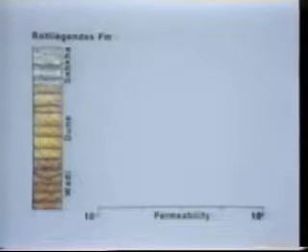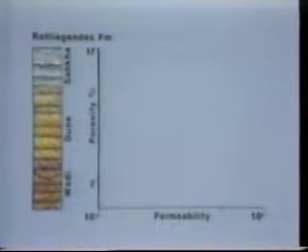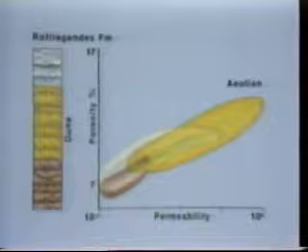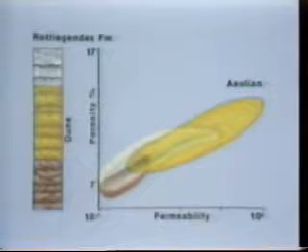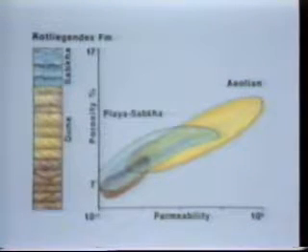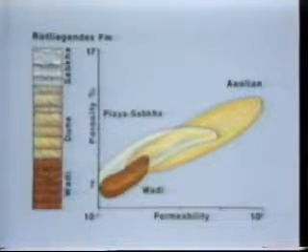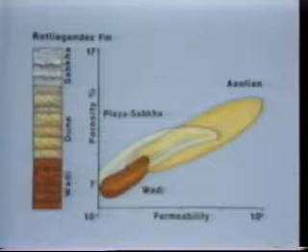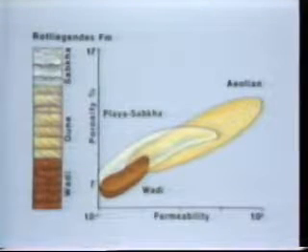The best permeability and porosity are found in the Aeolian facies, while reservoir quality is intermediate in the mixed sands and much poorer in the playa and braided fluvial facies, where clay particles and cementation have destroyed most of the primary porosity.